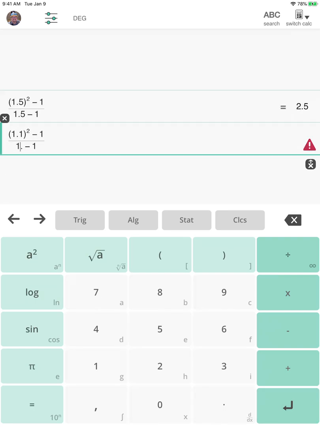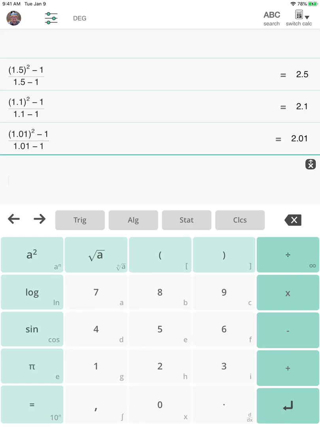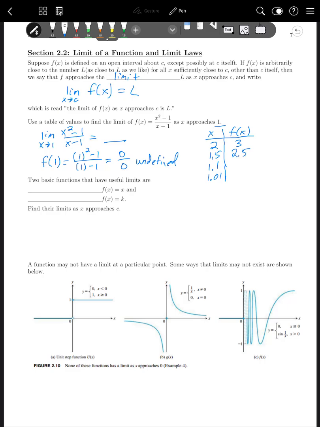So that's 2.1. Then if we do the same thing again and add in zeros, I get 2.01. So 2.5, 2.1, 2.01.